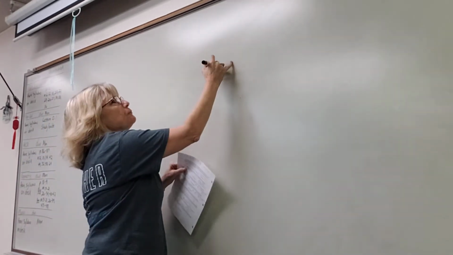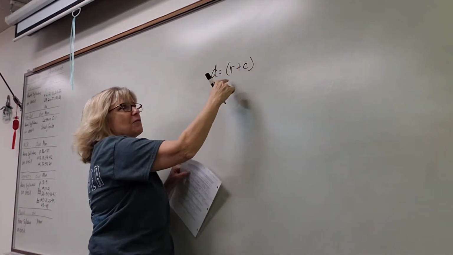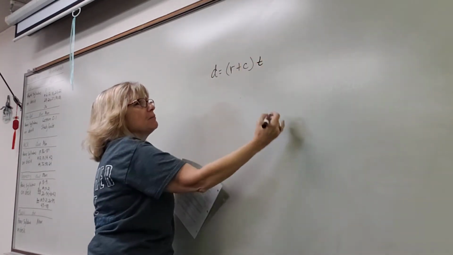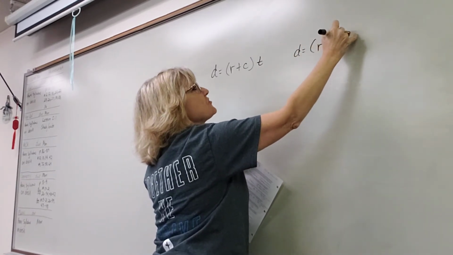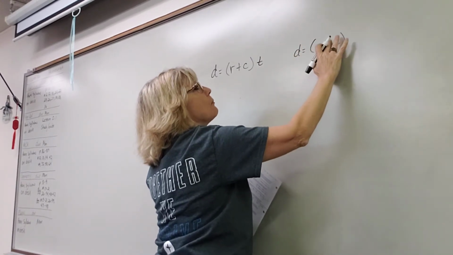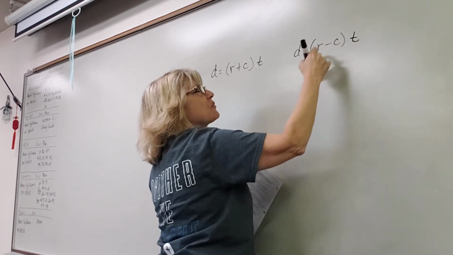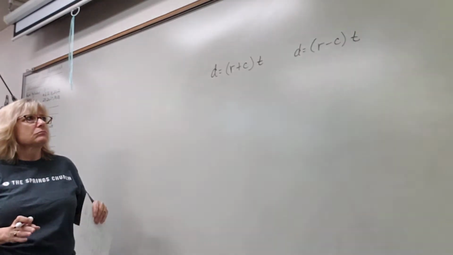So remember, if you have a current, you would have R plus C, his rate plus the current, times his time. Then you would also have the distance being R minus C, his rate minus the current, this is when he's going slower, times the amount of time that he travels.